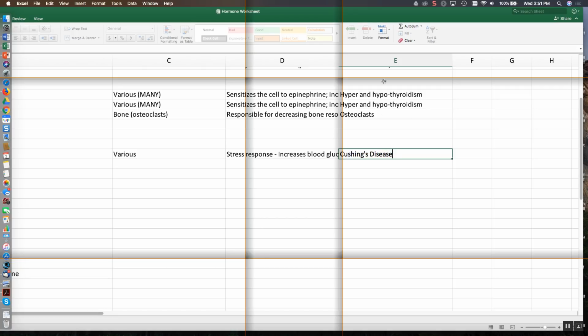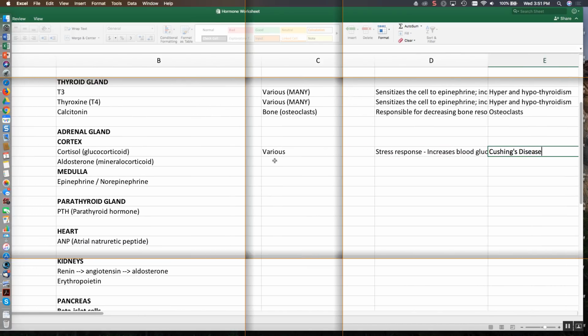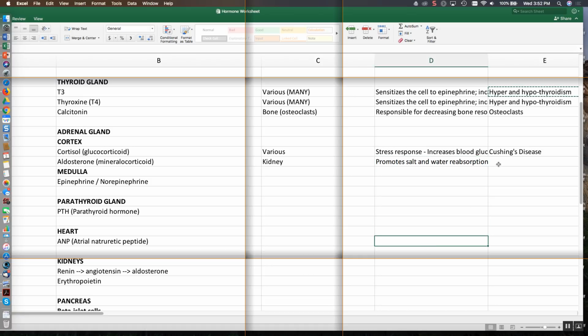Aldosterone. I'm going to say kidney, even though there's some various. Promotes. So this is aldosterone. Promotes salt and water reabsorption. What were some of the diseases? Too much aldosterone.